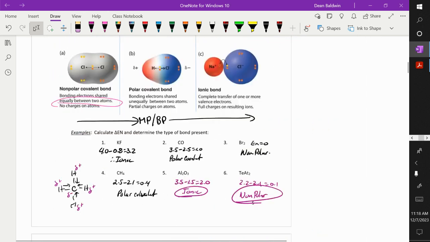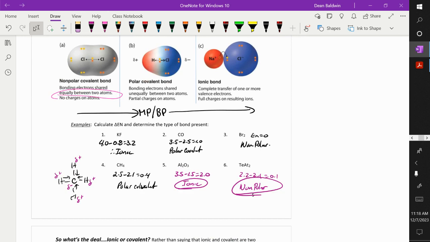So, okay, the methane one, I know the methane one's a little tricky. If you just go carbon and hydrogen, you get 0.4, which fits into polar covalent. Later on in this unit, we look at the structures, and the structures actually play a role in how electronegativities are dispersed.